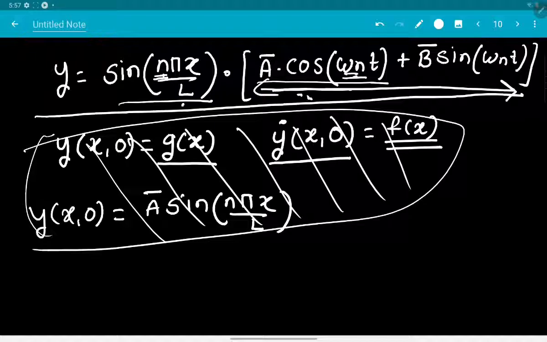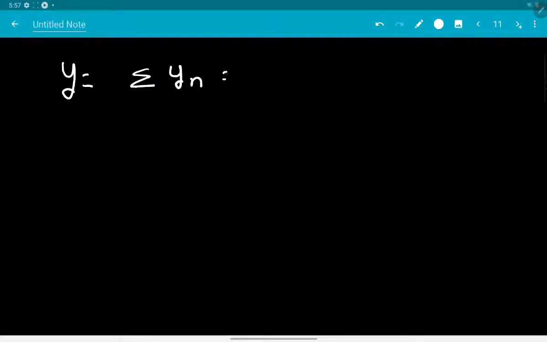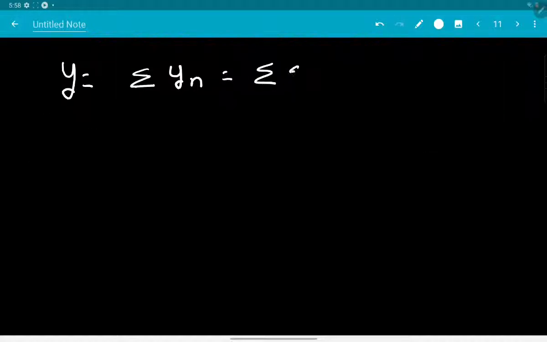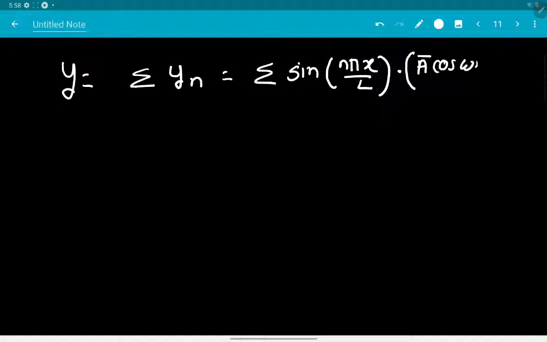So such infinite multiplications I'll be writing in this way, which will be equal to summation of sine of n pi x by L times a bar cosine omega nt plus b bar sine omega nt.